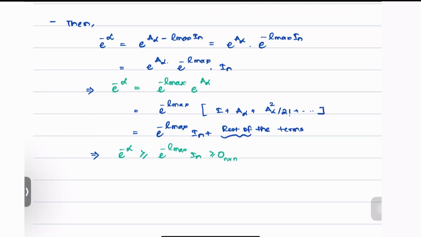Let's now look at the fourth property, which is now a slightly more topological or graph theoretic property. So what does this property say?